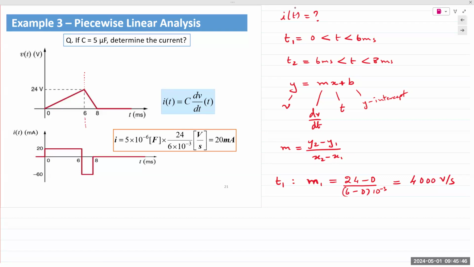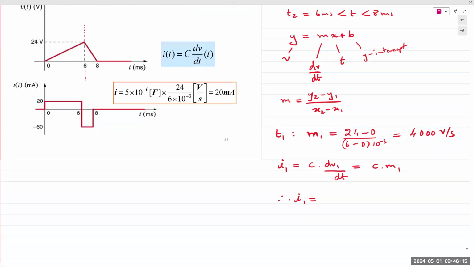So for T1, my current I1 is simply C dV over dt, or C times M1.